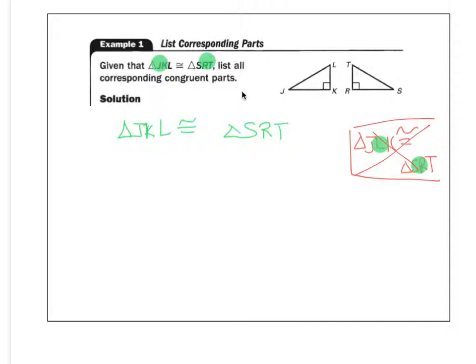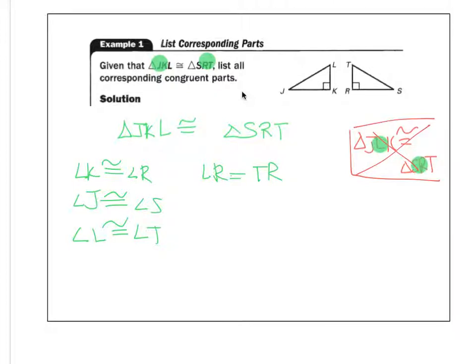So now I have two congruent triangles, therefore I can draw the conclusion that clearly angle K and angle R are congruent because they're both 90 degrees. Angle J and angle S are congruent because they're matching pairs. And angle L and angle T are congruent. In addition to the angles, for the three sides, LK and TR, the shorter legs, are congruent.